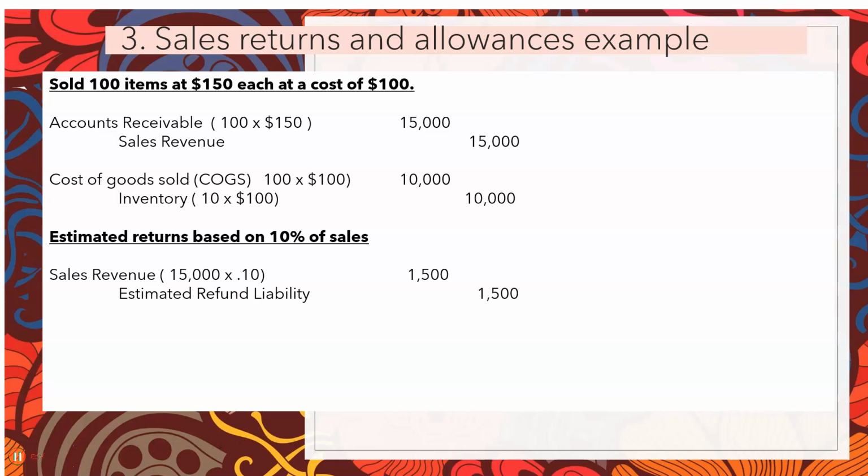So then we're going to set up our estimated refund liability account, which is going to be in current liabilities on the balance sheet. And we're going to set up our estimated inventory returns, and that is going to follow inventory on the balance sheet as part of current assets. So both of these reduce sales and reduce cost of goods sold.